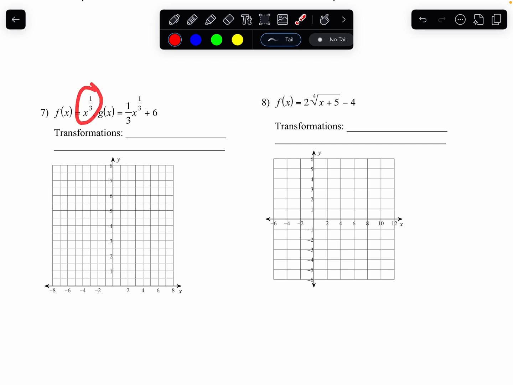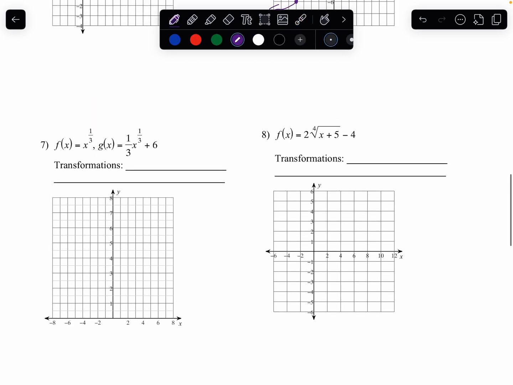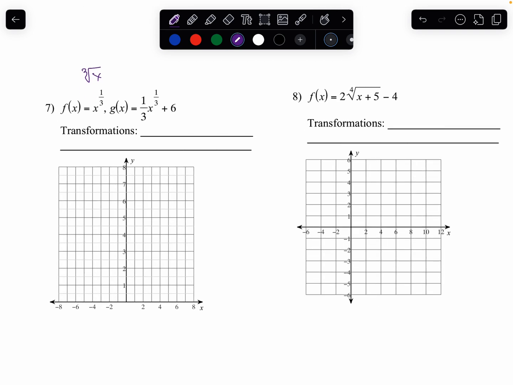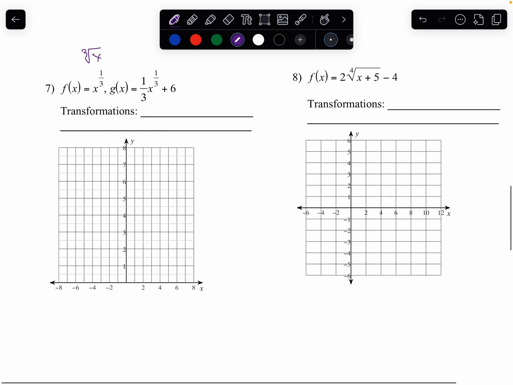Alright, and just remember that x to the 1/3 is the same thing as the cube root of x. Okay, so the cube root of x, oh man, I don't really have a bottom half to graph this for, but 1 and 1, and then at 8 it's going to be at 2, so that's what it would look like.